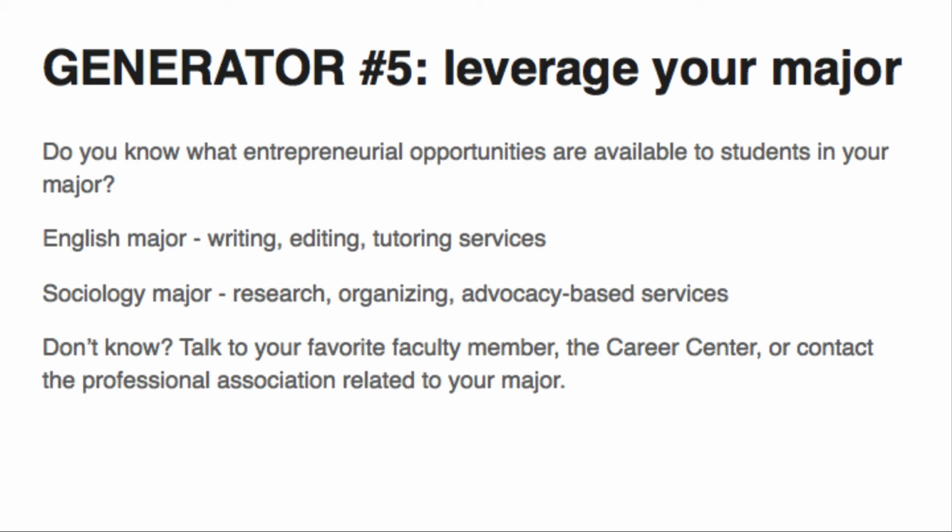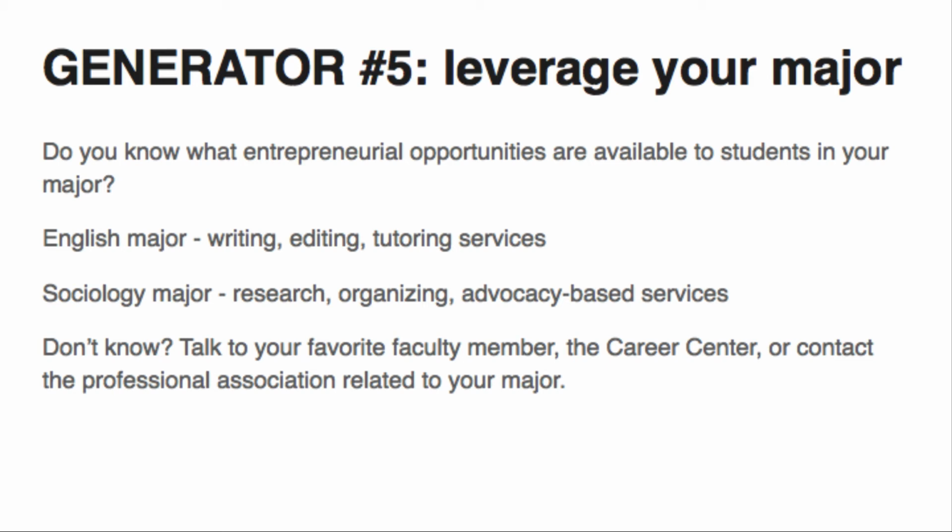So this is generator number 5, leveraging your major. Obviously, you're going to school for a reason, and it's so that you can learn different skill sets for your future. Do you know what entrepreneurial opportunities are available to students in your major? For example, as an English major, you have all types of opportunities which include writing, editing, and also tutoring services.